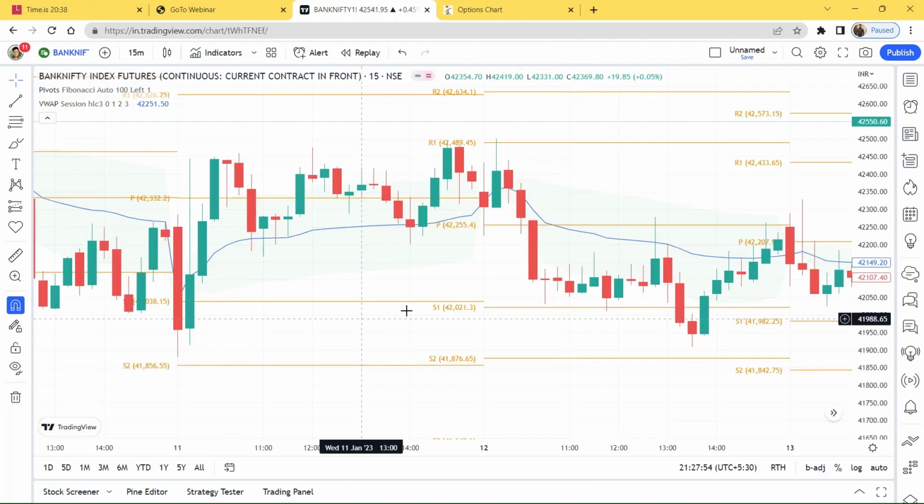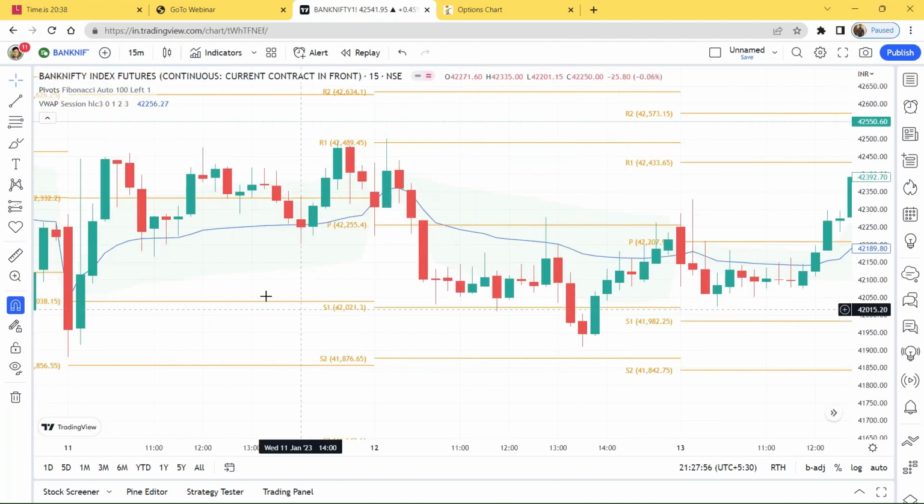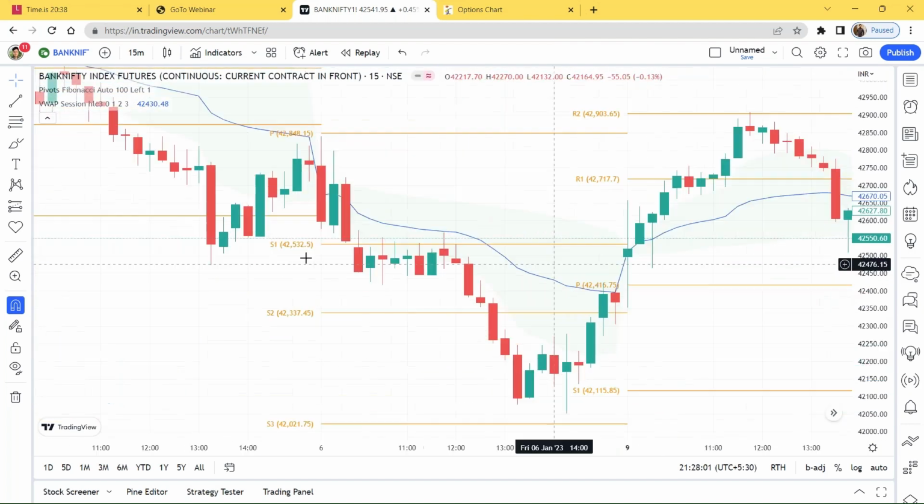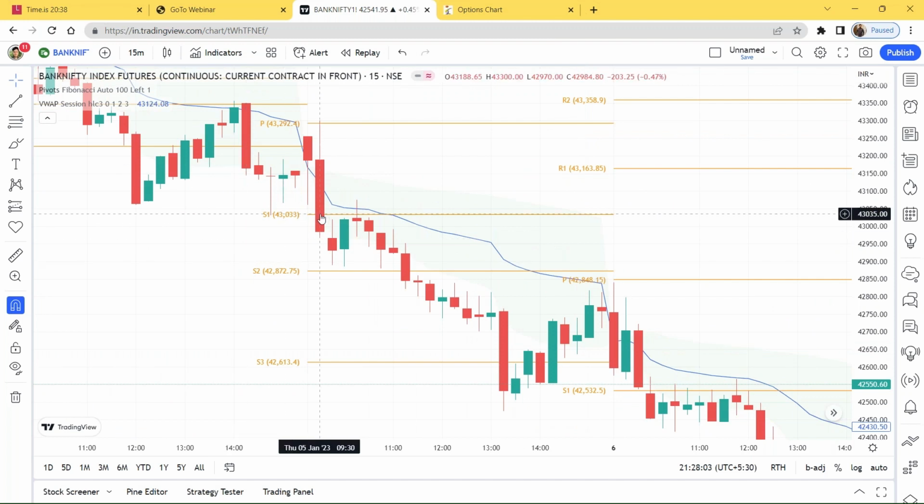Now, for the sell trade, let me quickly find an example. Okay, let's go to 4th January. Yes, this is a perfect sell trade example. Rule one says we have to ignore the first candle. The second rule in selling trades: the body of the candle is considered, the wick will not be.